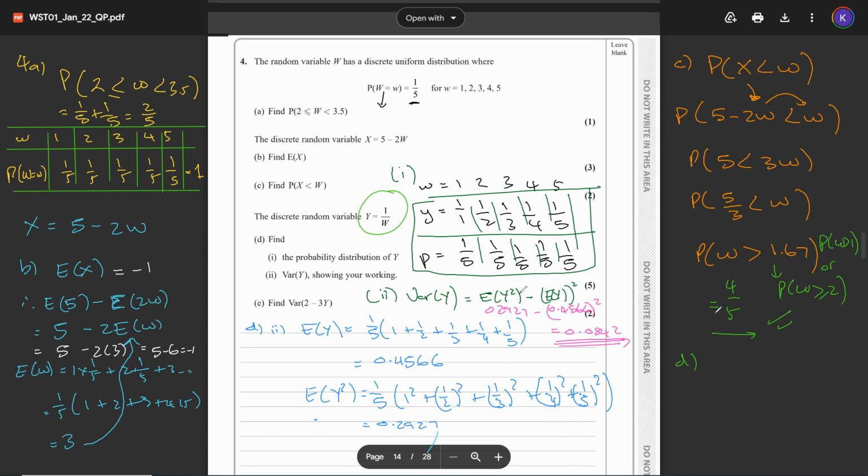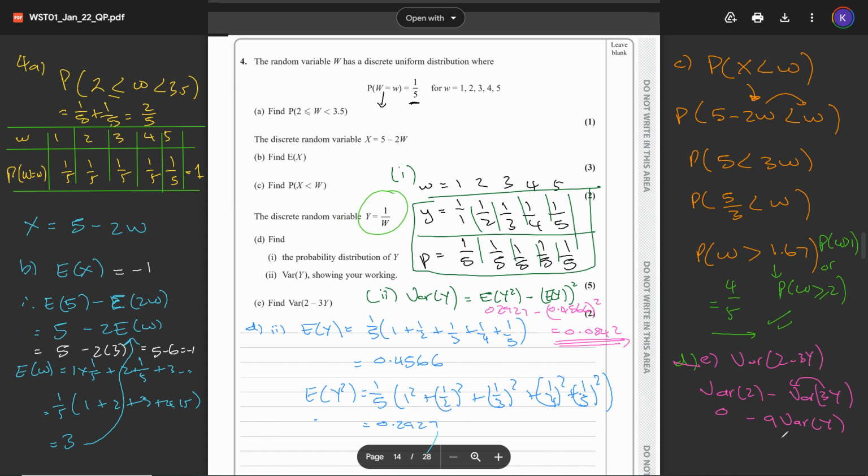All right, let's move on to part E now. Part E, find the variance of 2 minus 3y. That's the variance of 2 minus the variance of 3y. The variance of 2 is 0, and 3, when we take it out, becomes 9, multiplied by the variance of y.